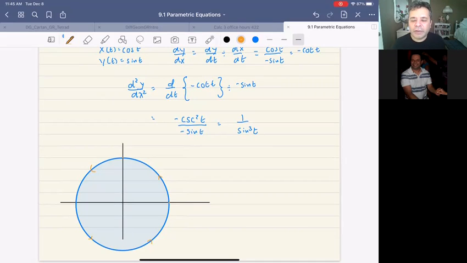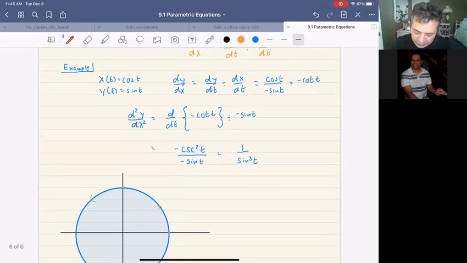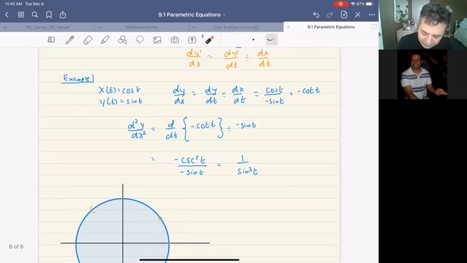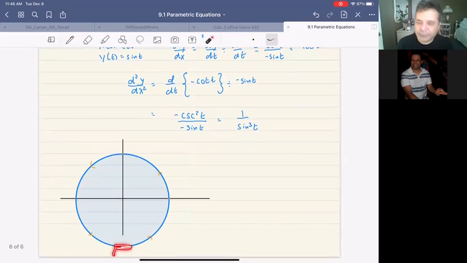What are a couple things we notice? Well, cotangent of t is undefined when t equals 0 and pi. So our first derivative is undefined here and here. It's 0 when t equals pi over 2 and 3 pi over 2. And here, what's dy dx? Is it increasing or decreasing? Actually, it's decreasing because as you increase in x, your y is going to go down.